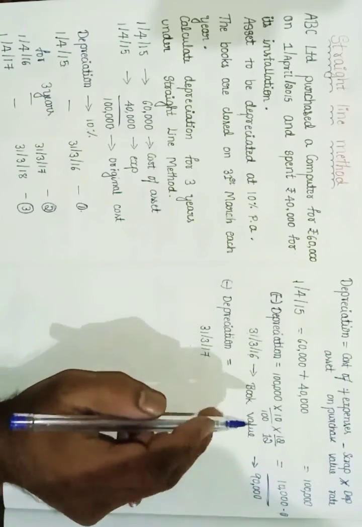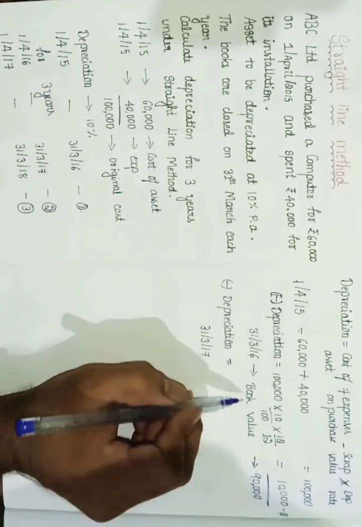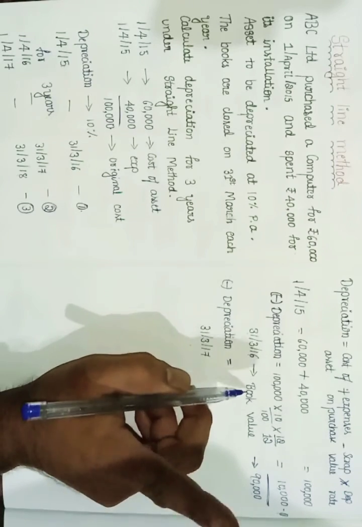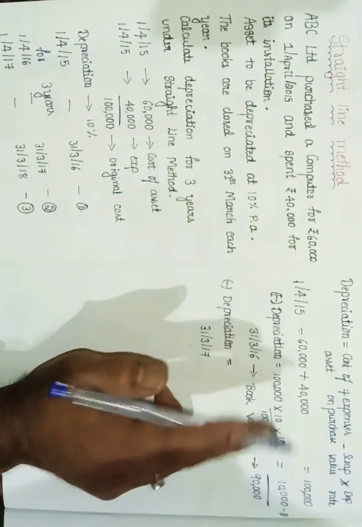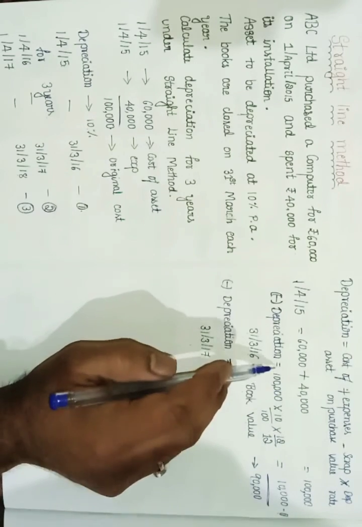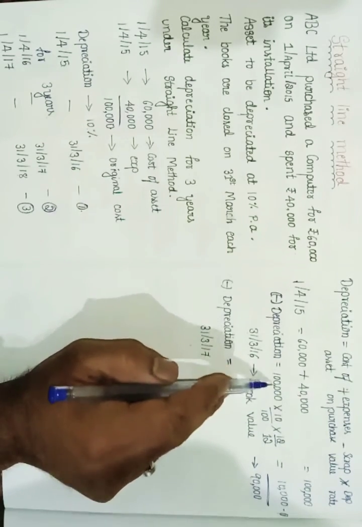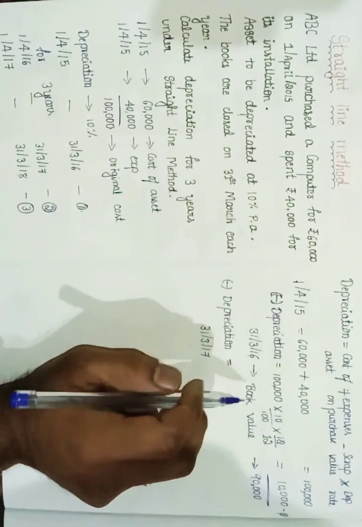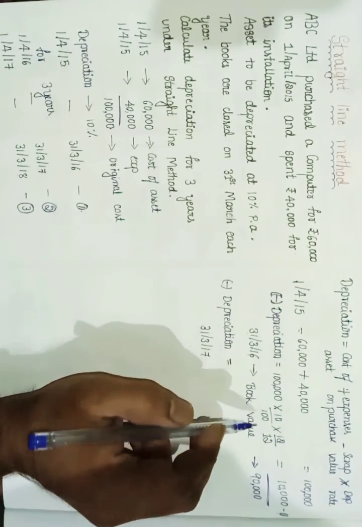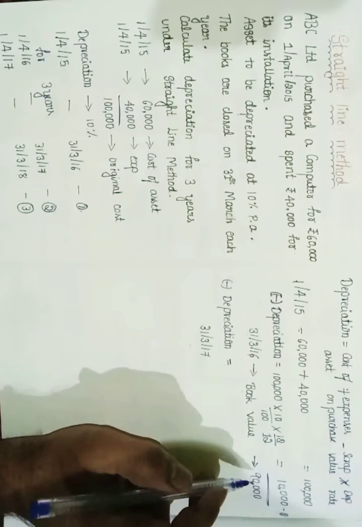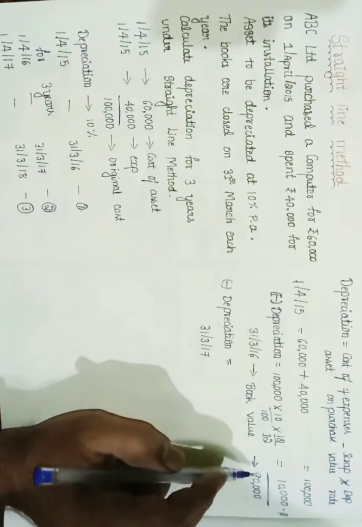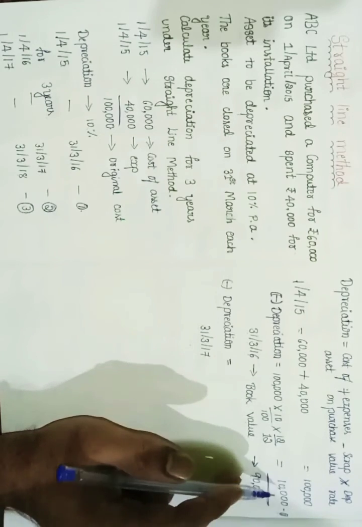But under the diminishing balance method, we take the book value. That is the difference. That's why your depreciation amount remains the same from year to year under the straight line method, because each year you take only the original cost. But in the diminishing balance method, the depreciation amount decreases each year, because you take the book value, which is decreased by depreciation.